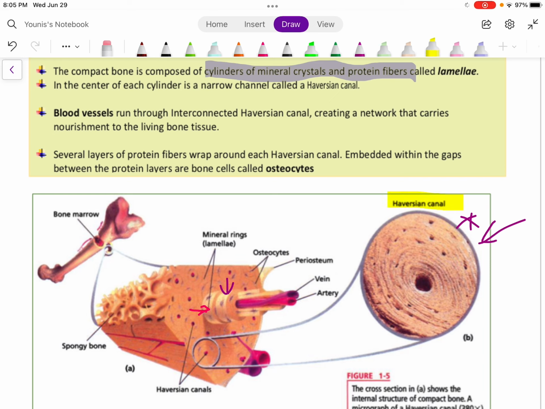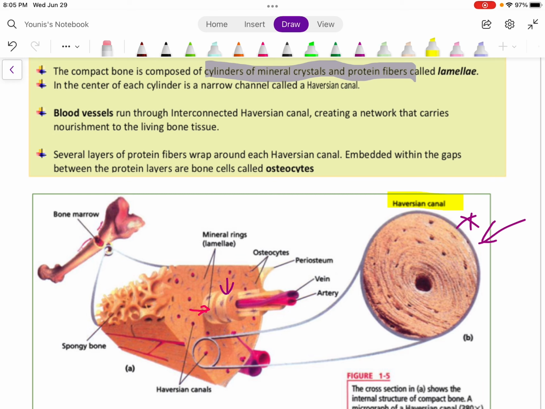The Haversian canal is located at the center of lamellae, those cylinders of minerals and protein fibers. So the lamellae is located around the Haversian canal, or in other words, the Haversian canal is located at the center of each lamellae.